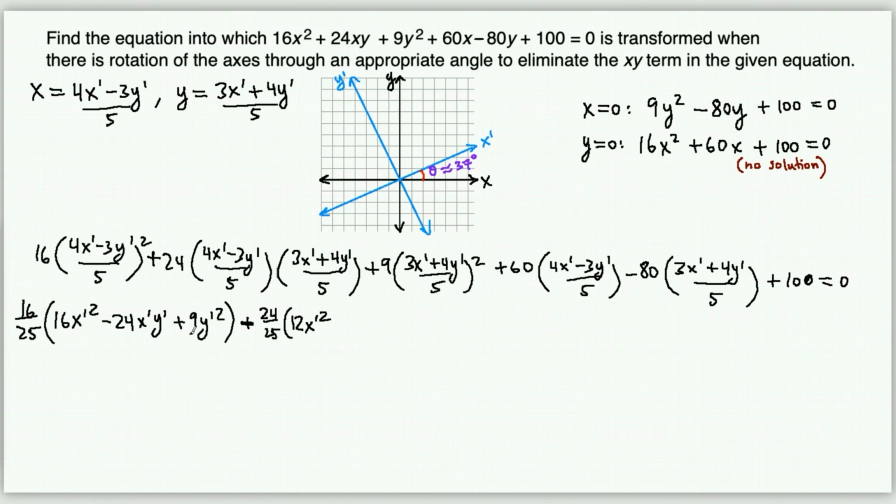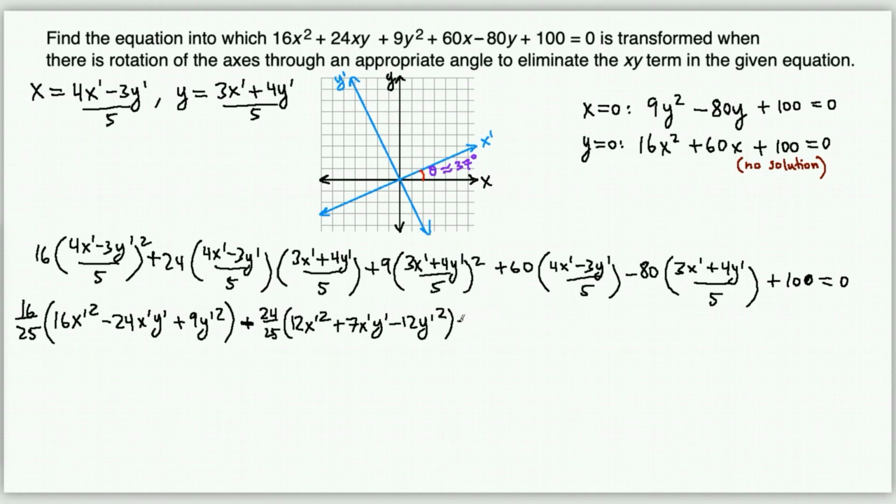I got these three terms, the trinomial as a result of squaring the binomial on the top. The same thing I'm going to do here. I'm getting the first product in the FOIL method, 4x prime times 3x prime, and so on. The outer, the inner, and the last product. So the simplified version is going to be plus 7x prime y prime minus 12y prime squared.